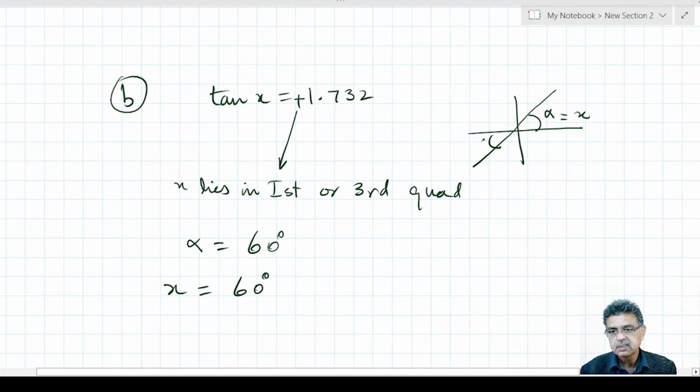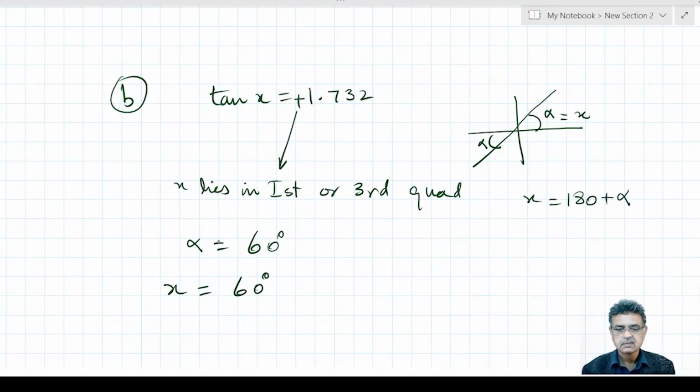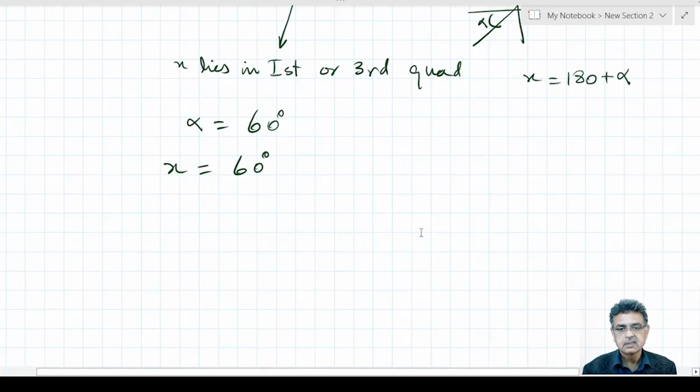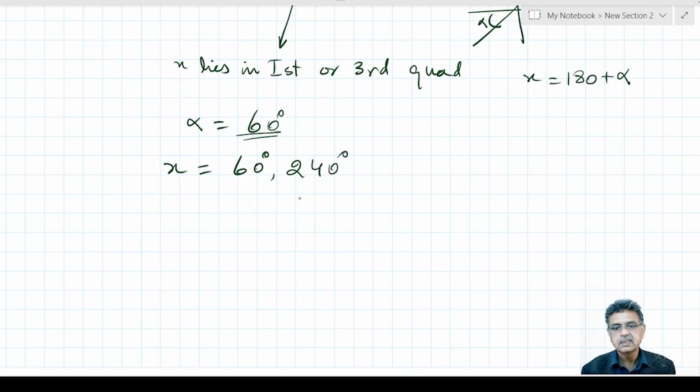And in third quadrant, x is equal to 180 plus alpha. So adding 180 to this basic angle, that will be 240 degrees. So this is the way we can find the possible values of angles.